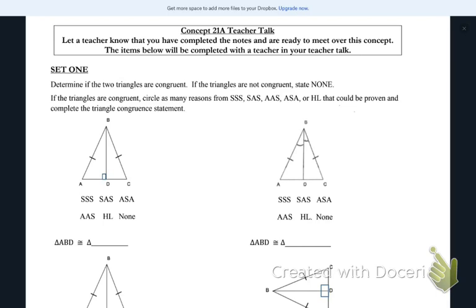If they are, then write as many reasons as you can, and it could be any of these: side, angle, side, angle, or HL, hypotenuse leg. And then, if they are, we're going to go ahead and write a triangle congruency statement.